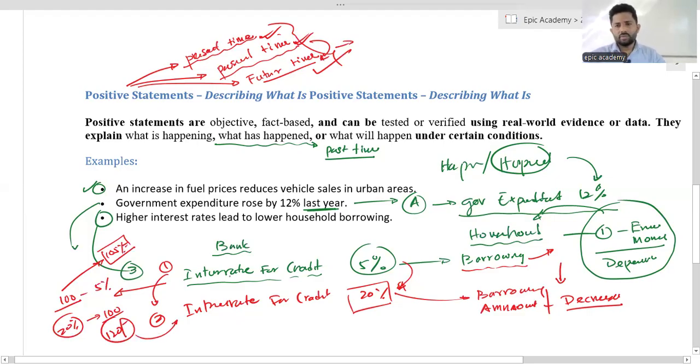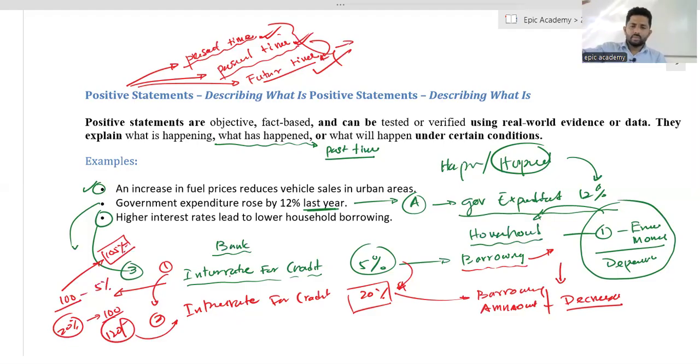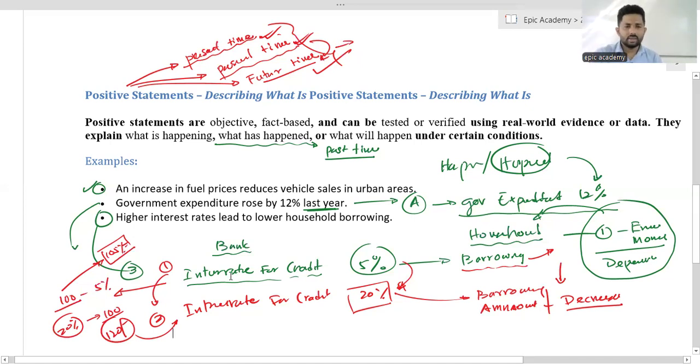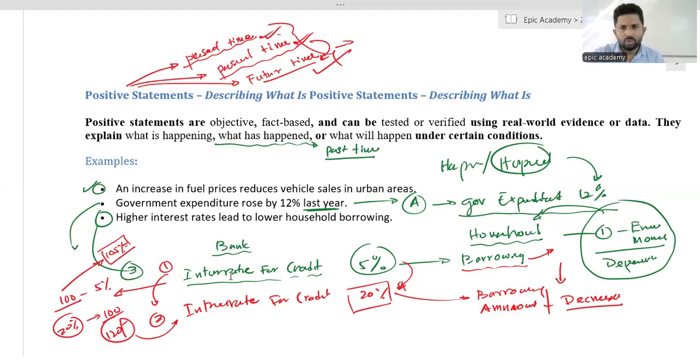So now you can identify that if the interest rate increases, the payment from the borrowing person or household can be increased. So it will be costly for the household. So they try to reduce the borrowing amount from the bank or any kind of financial institute. Okay, it is very easy to identify.